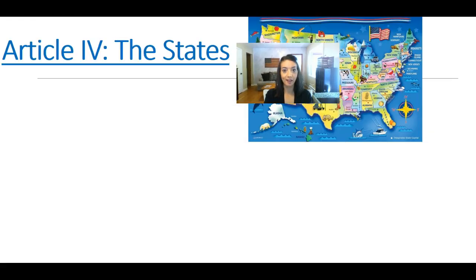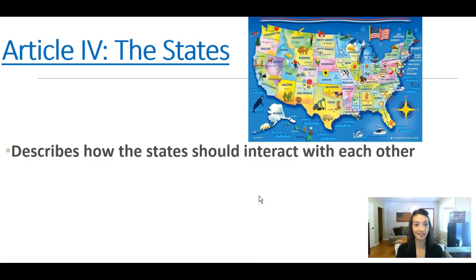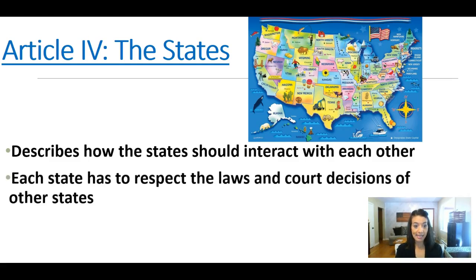All right, so Article 4 is all about the states. It describes how the states should interact with each other. And each state has to respect the laws and court decisions of other states.